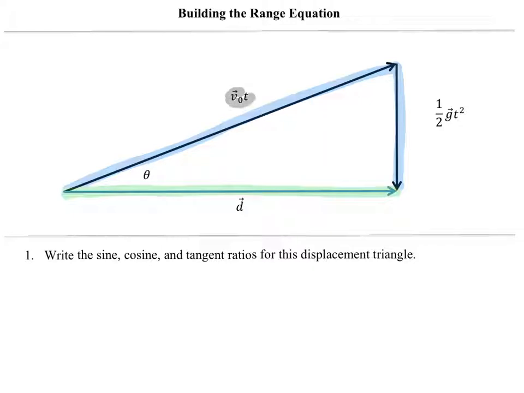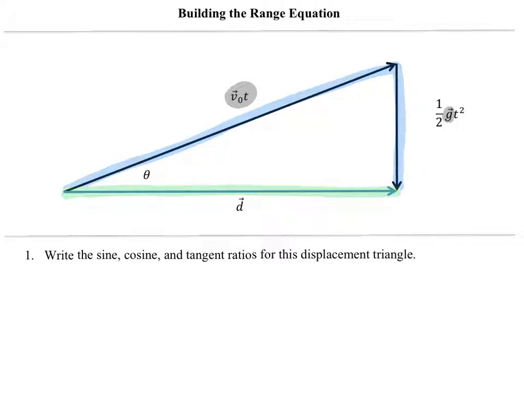V naught t, what kind of quantity do you get when you multiply velocity times time? Displacement, or a distance, if you will, and this one would be a straight line distance, obviously. Look over here. Little g, which we've found experimentally and read that it is equal to a constant value, is an acceleration.